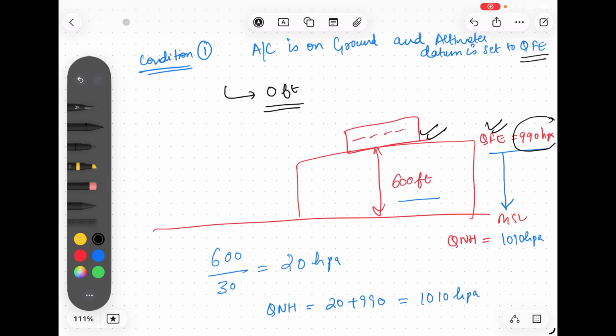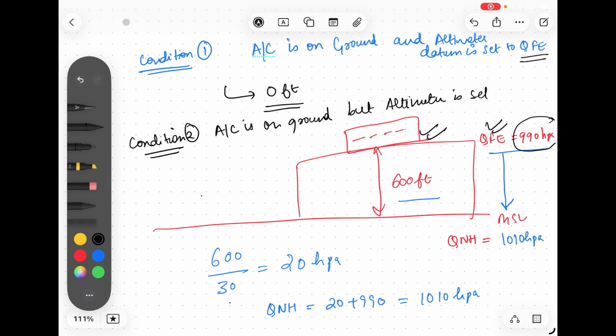Now the second condition is condition number 2. Now my aircraft is on ground again, okay, but my altimeter is set to QNH. Now my setting is this, okay, so I have set this now in the altimeter and my aircraft is here, okay.